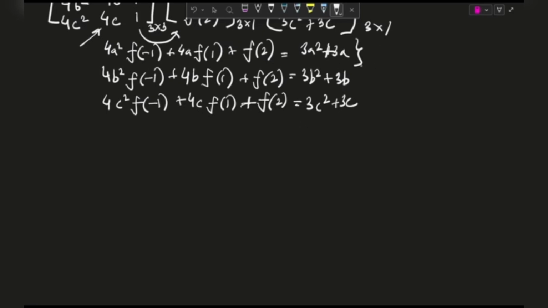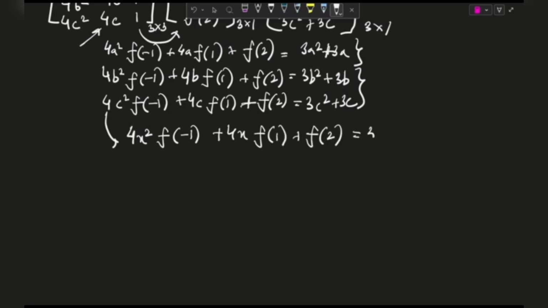So basically you can see something, right? We will actually have an equation 4x square f(-1) plus 4x times f(1) plus f(2), which is equal to 3x square plus 3x, and the roots of this equation are your a, b and c.